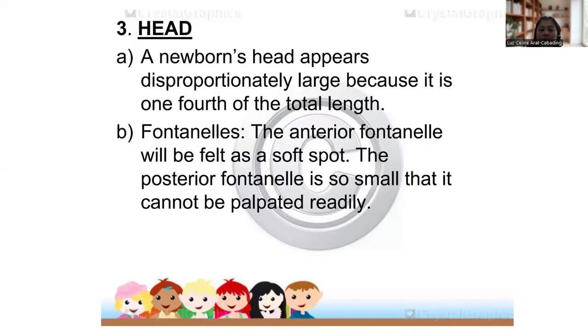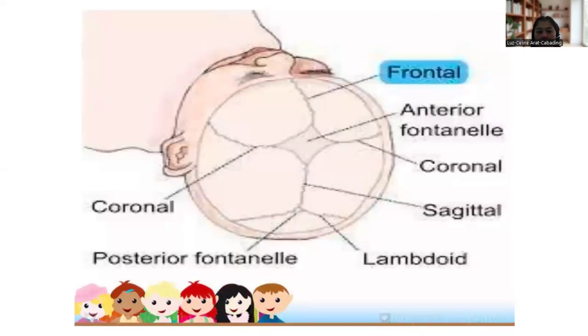The larger spot is in the anterior or the front. And then we have the posterior one, which is small, and it cannot be palpated readily because it's in the ridge in the back upper portion of the neck. So here is a better picture where those fontanelles can be found.